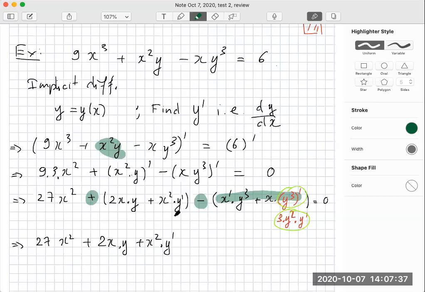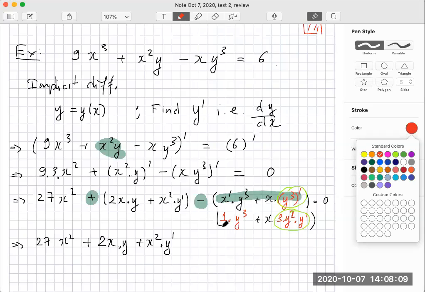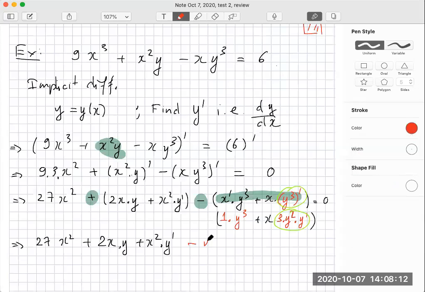The first one was positive x prime y cubed, and x prime is 1, right? Let me write it here. This one is 1 times y cubed, or just y cubed, we don't have to write the 1. Then we need to change the sign. So be very careful right here.